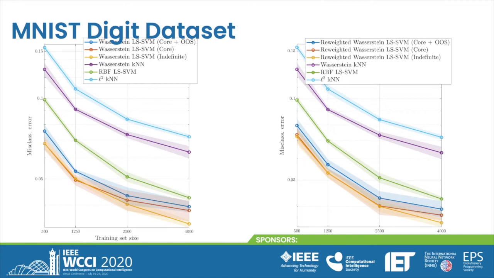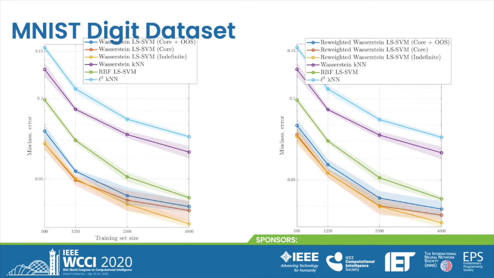You can first see that the out-of-sample extension, which reduces drastically the computation time, doesn't perform much worse than its full version. And you can also see that the indefinite version of the kernel, without suppressing the negative eigenvalues, performs in a very similar way for small datasets, but as the dataset increases, it still performs better.